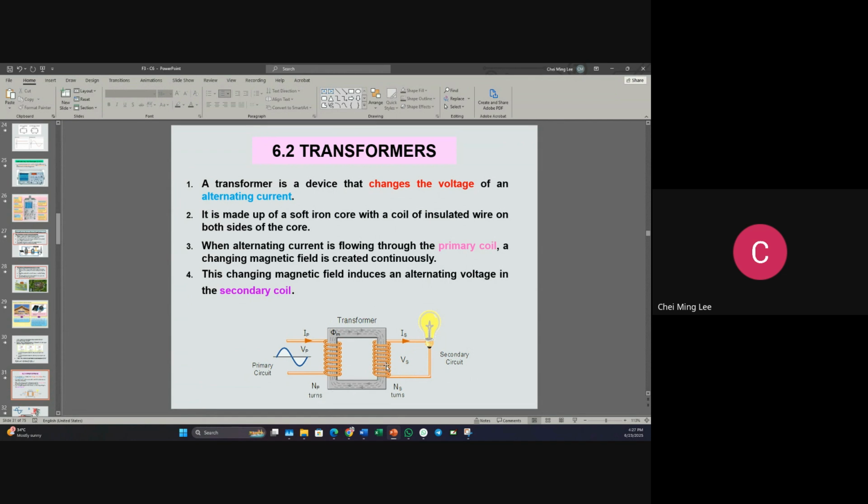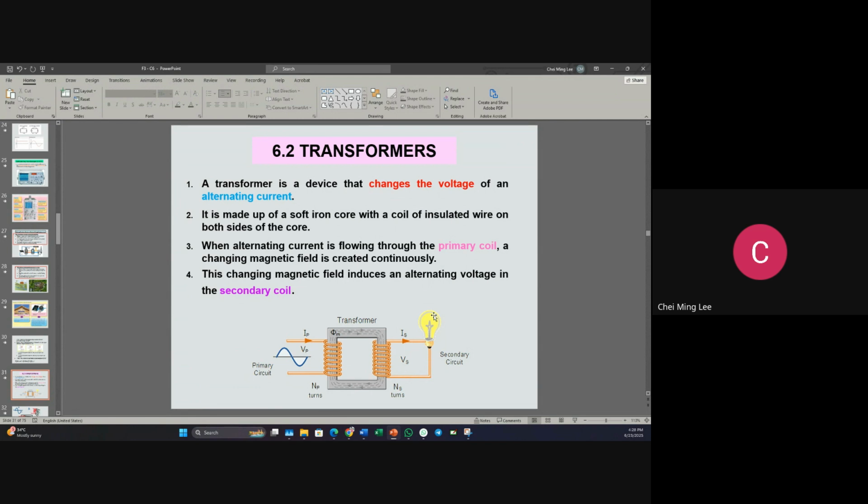It is like the magnet is moving in the coil, so the coil will cut through the magnetic field and induce current. The changing magnetic field will induce an alternating voltage in the secondary coil and the bulb will turn on.